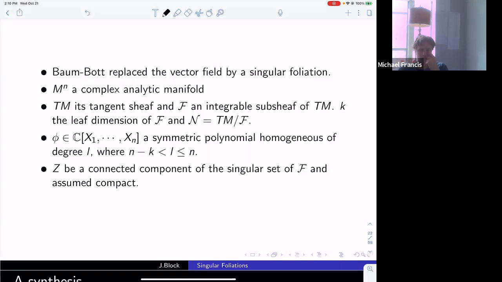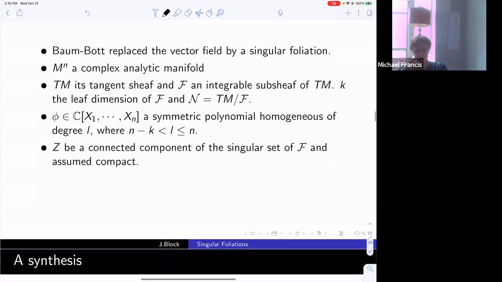Okay. And then you take the polynomial phi again, which is going to give rise to characteristic classes. And now you look at a component of the singular set of F, so the places where the foliation is singular. If you like, you can describe that as exactly the points where the sheaf N is not locally free.